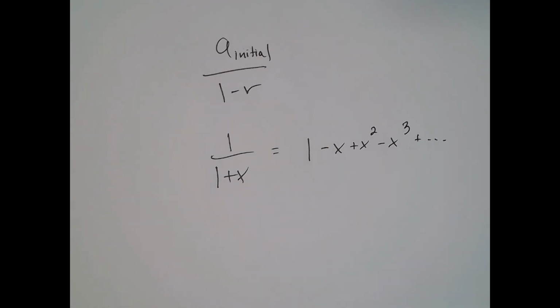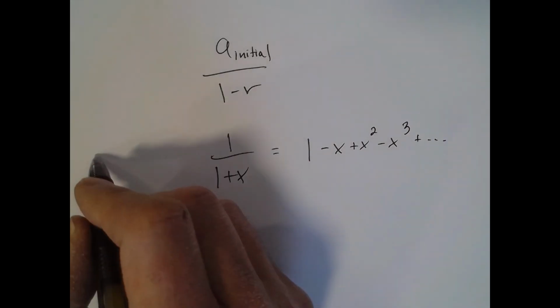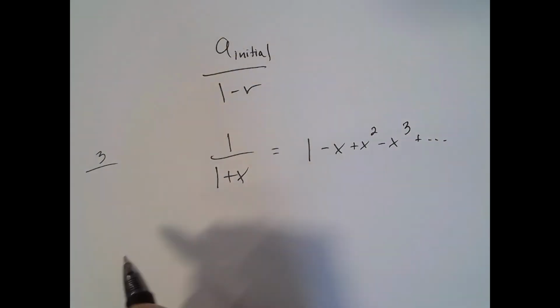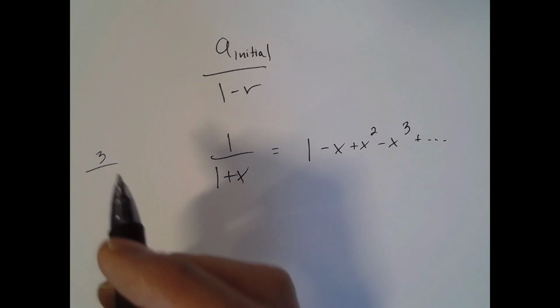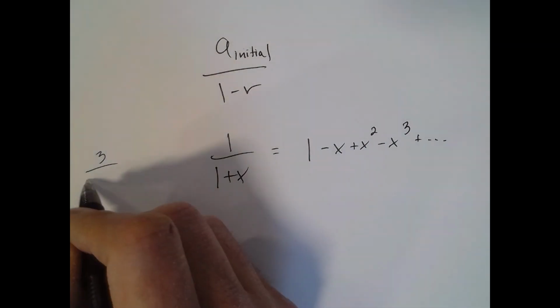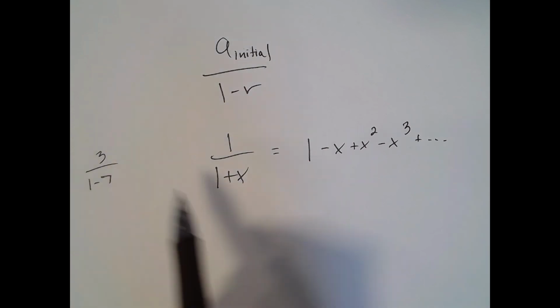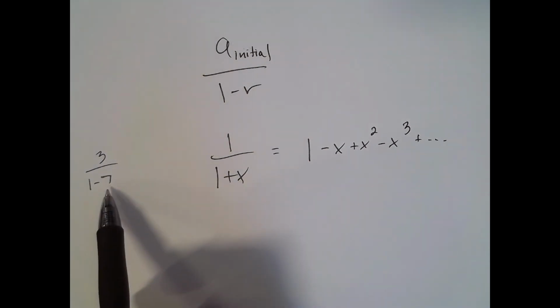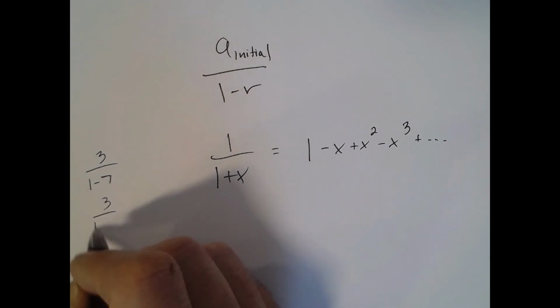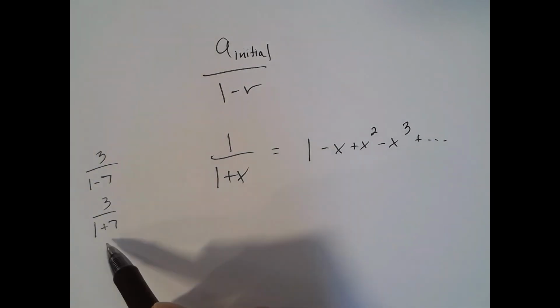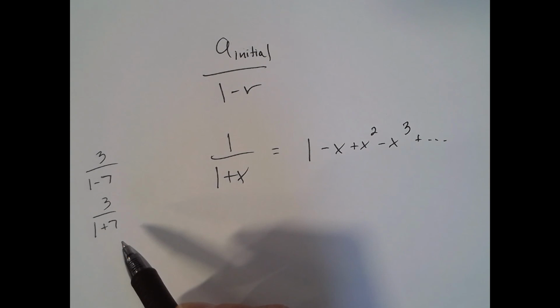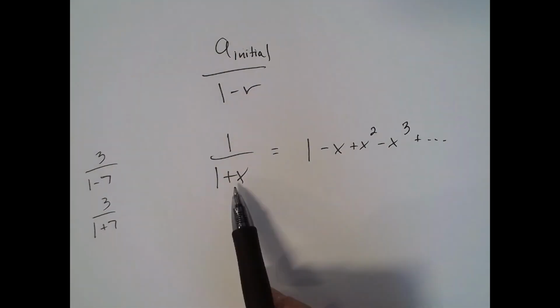The question was, why are we multiplying by negative x? If I had 3 over 1 minus 7, your initial term is 3, right? And your r is 7. So if it was 3 over 1 plus 7, your initial would be 3, your r would be negative 7. Since it's plusing, we're adding, it's always the opposite.